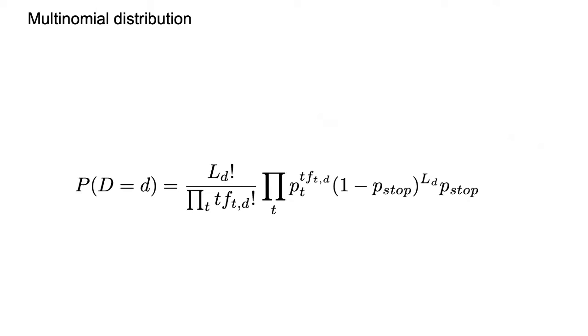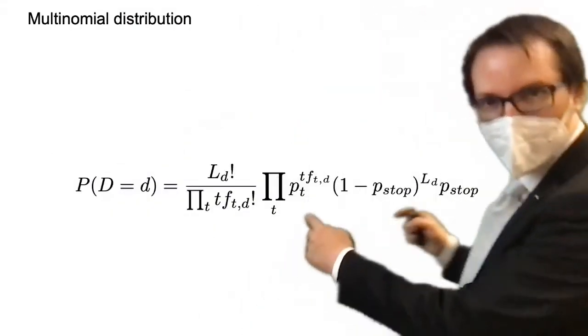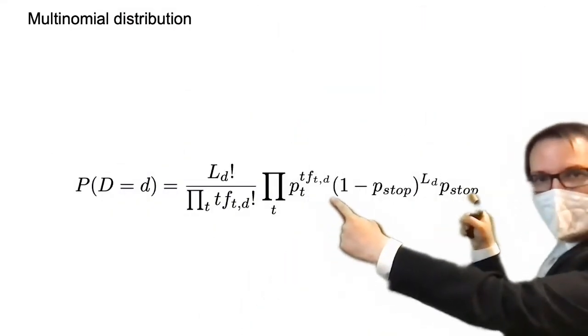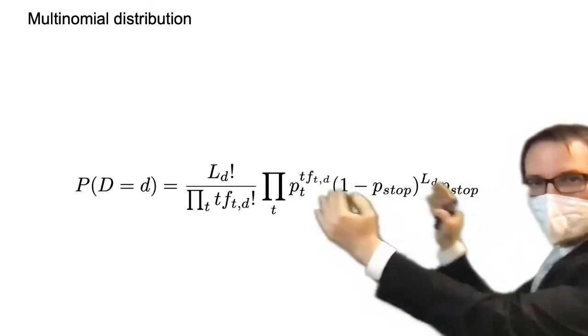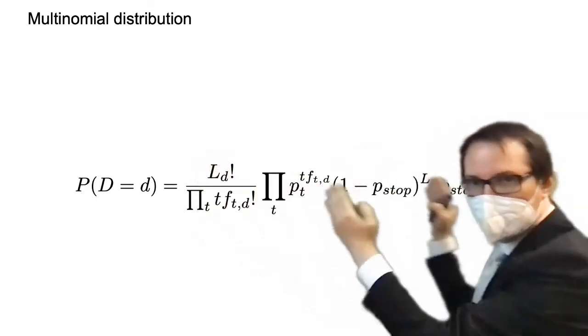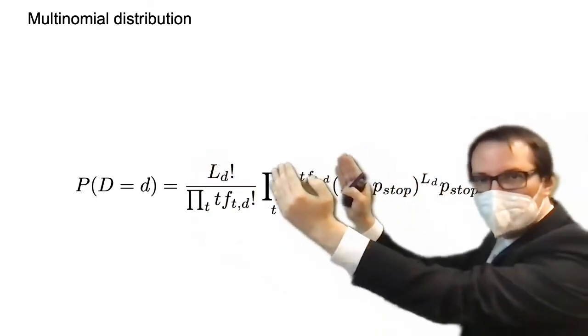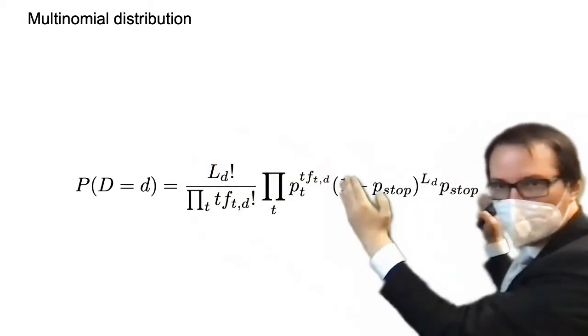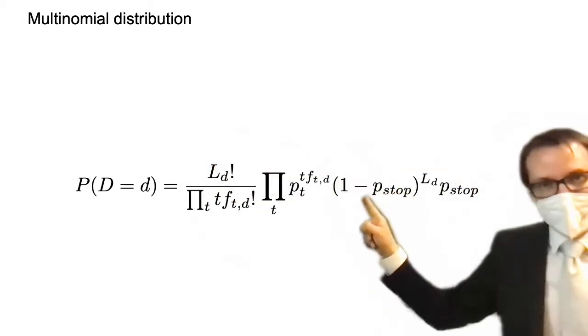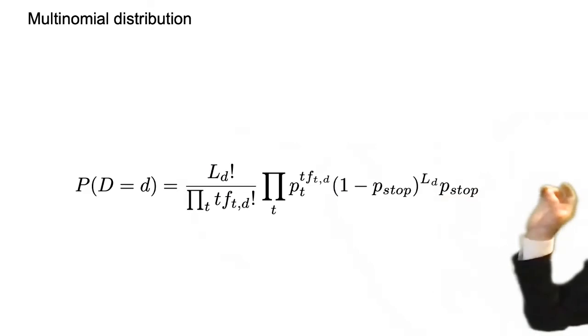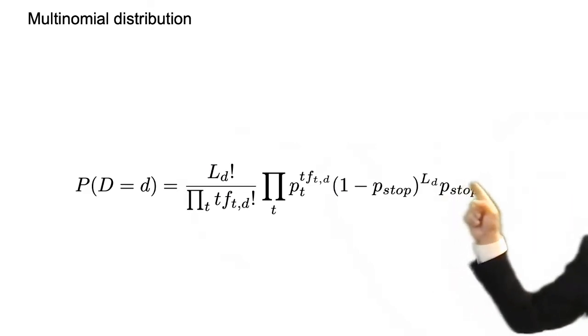Now, let me just make an observation on that slide right here. If you look at that part here, you could put parentheses right here, right? It's just the product is for here. So this is a part, and then you multiply with this. This here only depends on the length of the document.